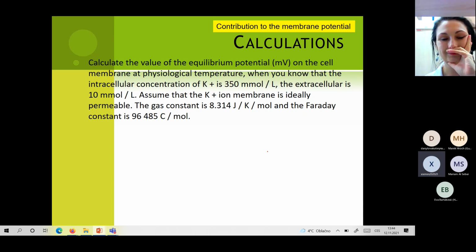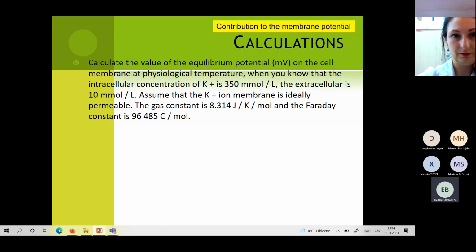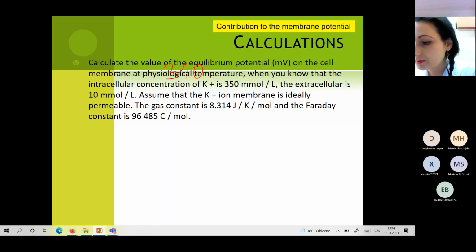Plus 273, right? I think Mariam just calculated. Just tell the value if you remember. Eva, do you know the physiological temperature of humans expressed in kelvins? It's 310.15 kelvins. Yeah, I think 310 is enough for our purpose.